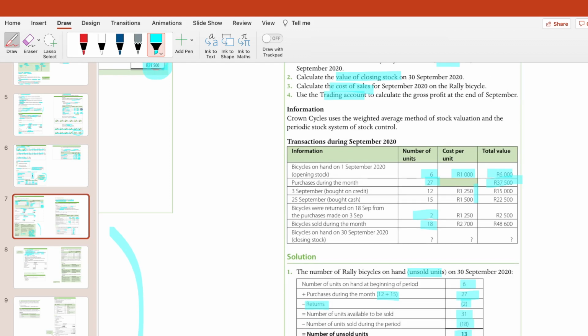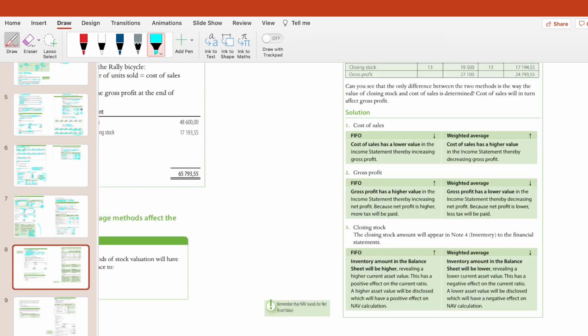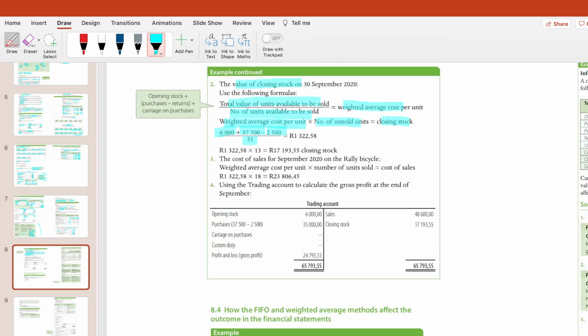The number of units to be sold is 31. That is our amount over there, the 31. And that is 1,322 and 58 cents. That is our weighted average cost per unit.